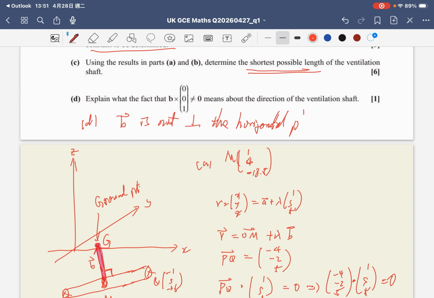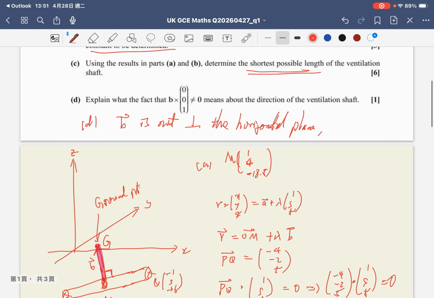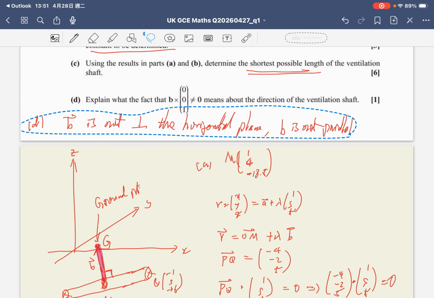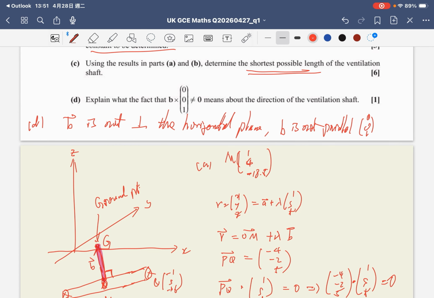Therefore, B is not parallel to the vertical vector, i.e. B dot (0,0,1) cannot be 0. Okay, that is the explanation of this part.